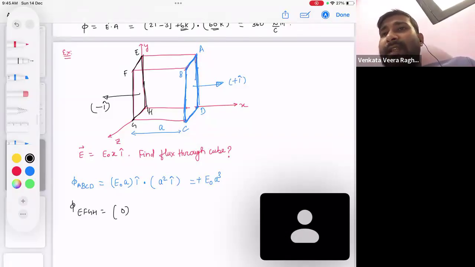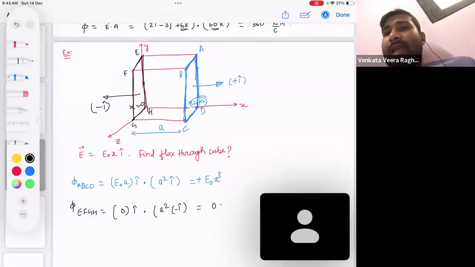Please check it. Why? Because at EFGH, everywhere x is 0, no? And everywhere on the blue cross section x is equal to a. So here the field becomes 0. So if I take the area as a square minus i cap, still it will be 0.